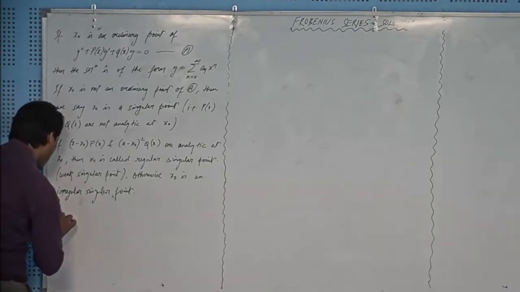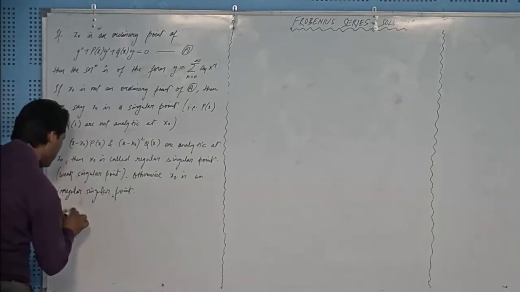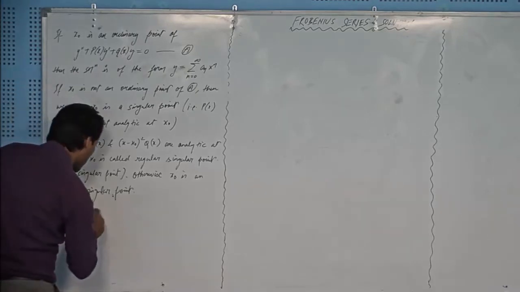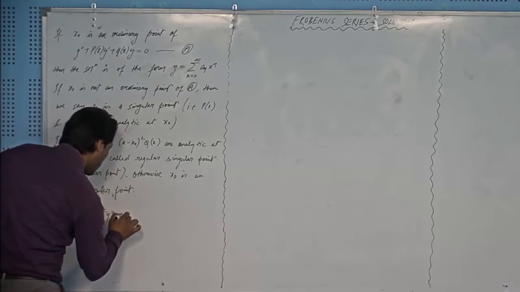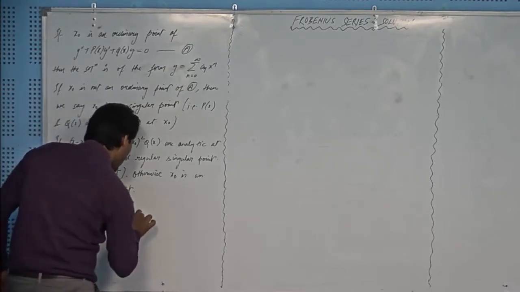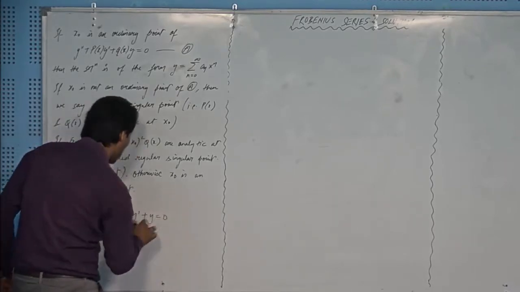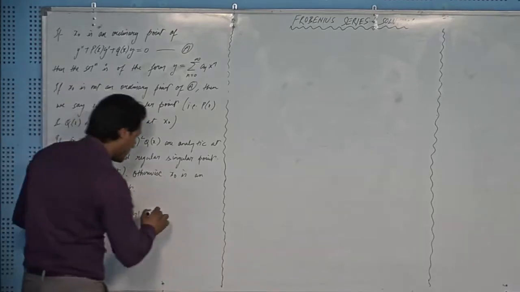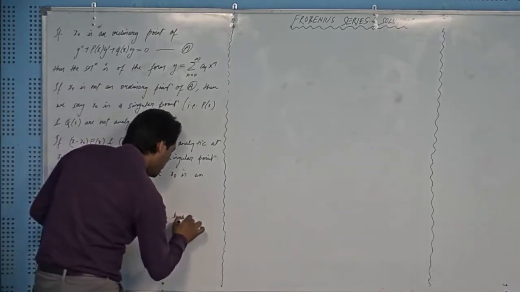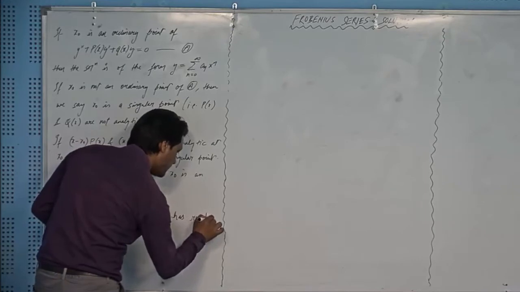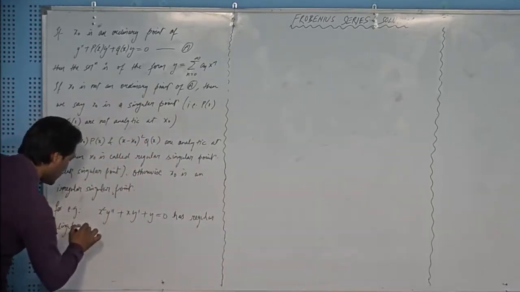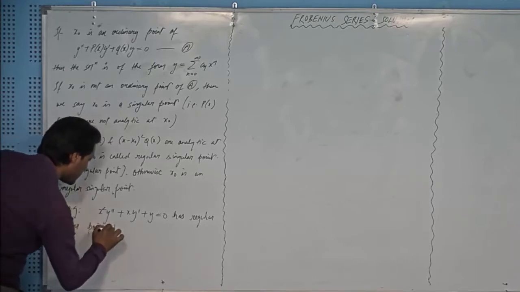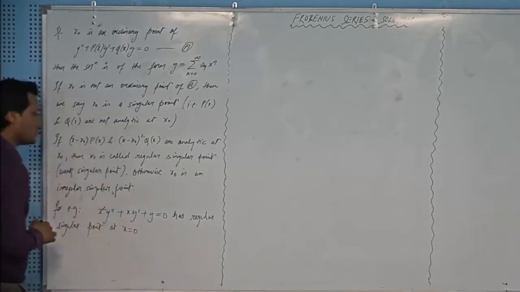For example, if I consider the differential equation x square y double dash plus x y dash plus y equal to 0. Now you can see this equation has a regular singular point at x equal to 0.